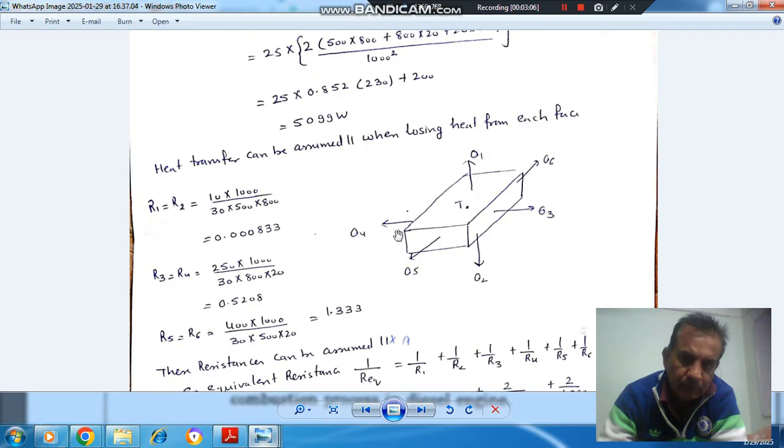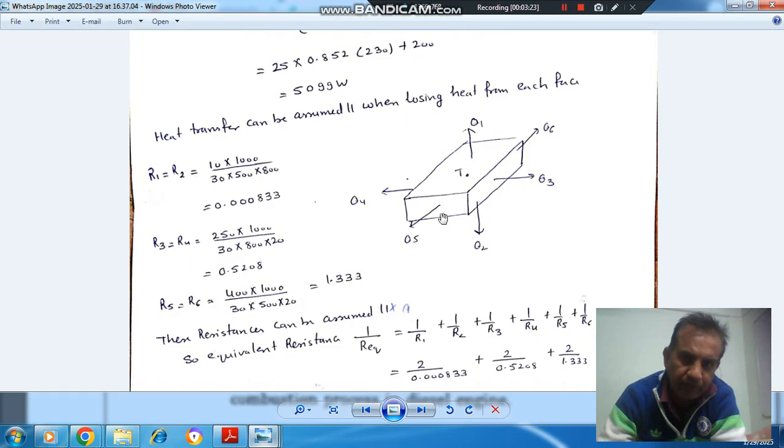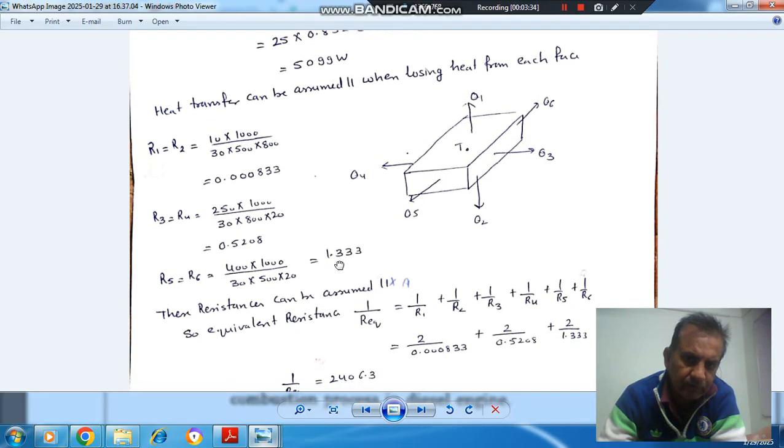Similarly, this is 500 and this is 800, then half will be 250, and this will be 800 into 20. R3 and R4 will come out as 0.520, and R5 and R6 will come out as, here we take 400 into 1000, and area is 500 into 20, so that will be 1.6.